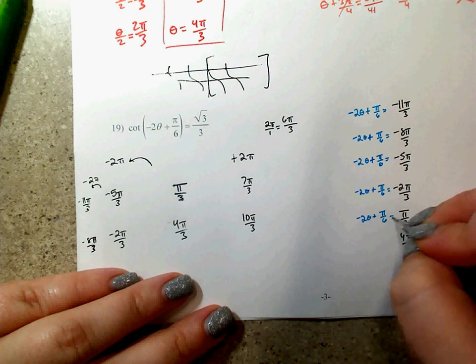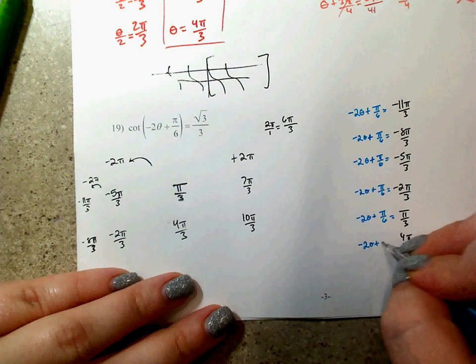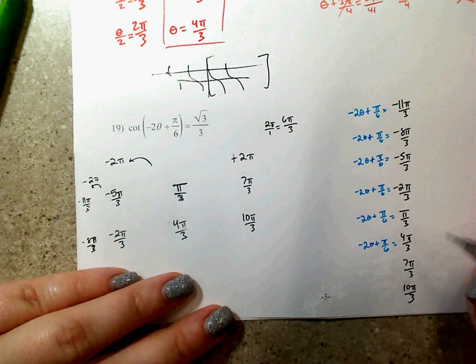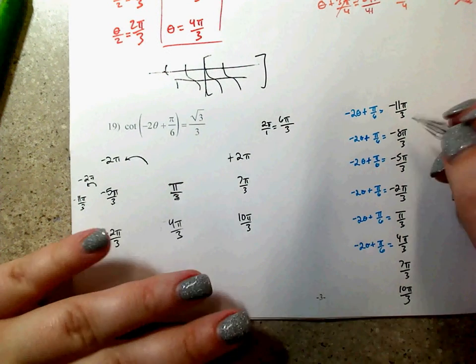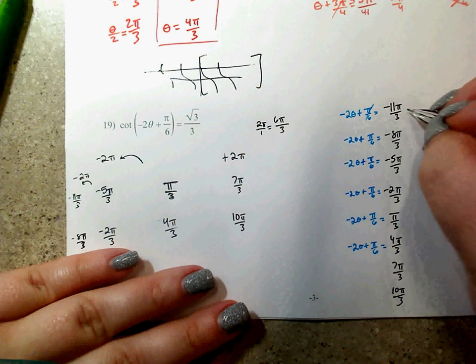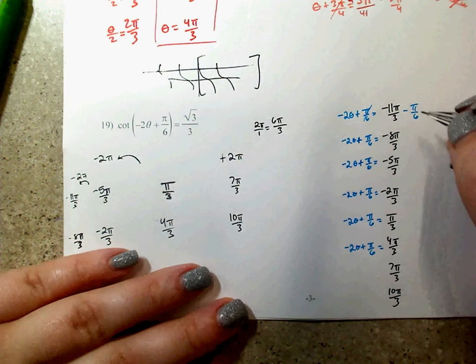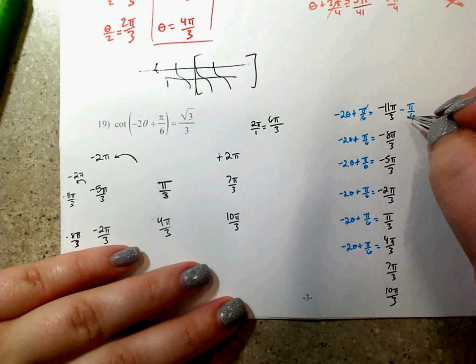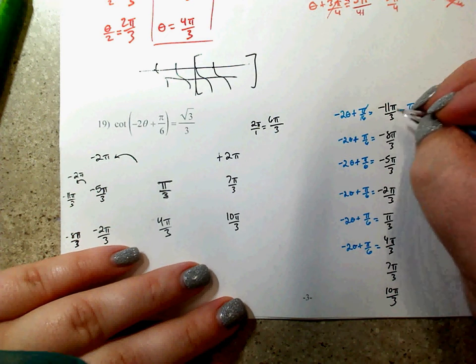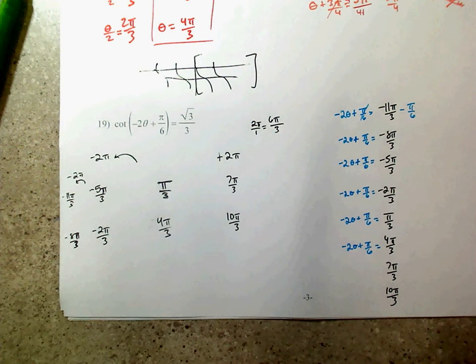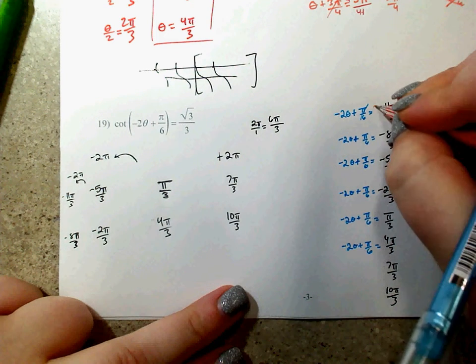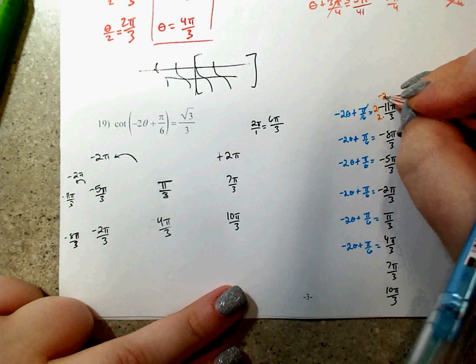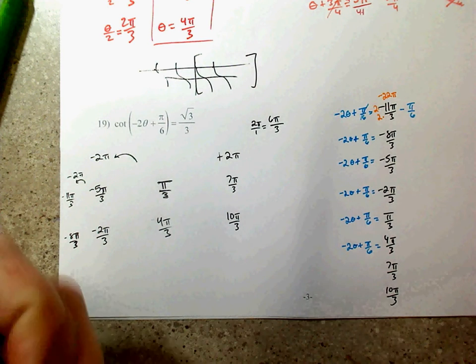Okay, so the first step is always going to be subtract pi over 6, right? Whenever you add fractions, you've got to have common denominators, so multiply by 2. If I multiply this by 2 on top and bottom, then I've got negative 22 pi over 6. So negative 22 minus 1 is negative 23 pi over 6.